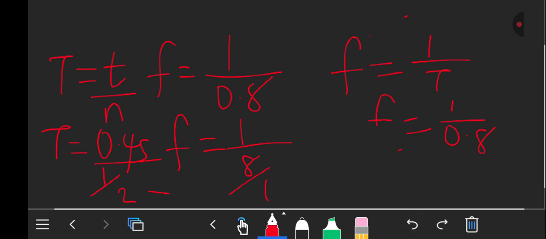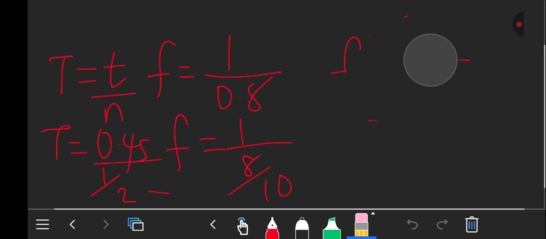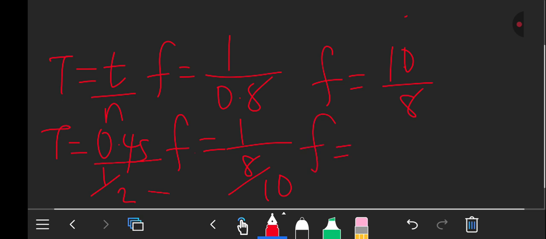Then we can say frequency is equal to, this is the same as 10 over 8, and 10 over 8 is equal to 1 point, remainder 2, we add the 0, that is 16, that is 2, remainder 4, we add the 0, that is 8 into 40, which should be 5.